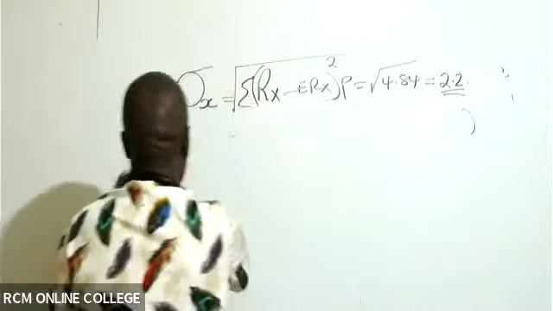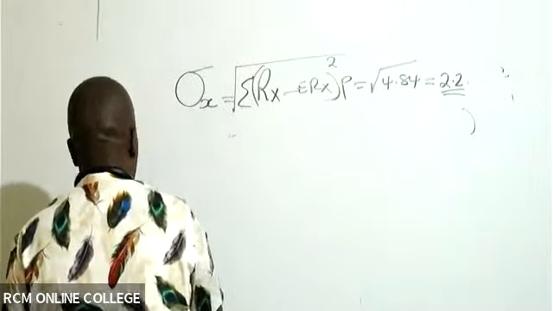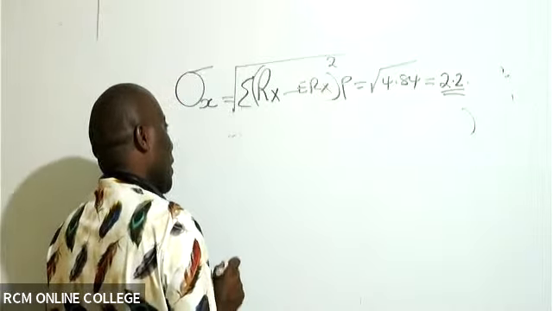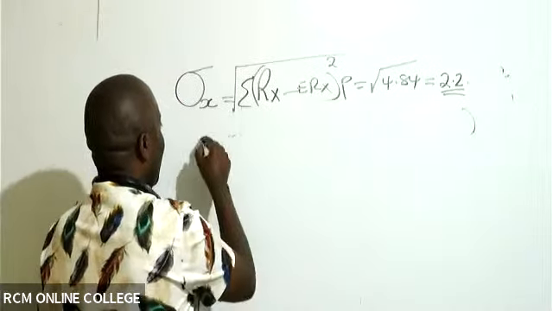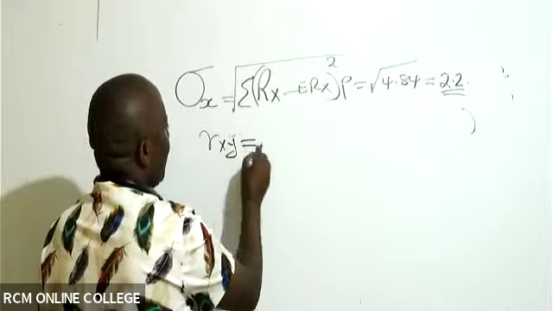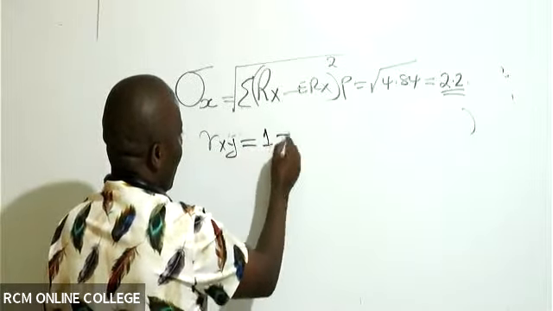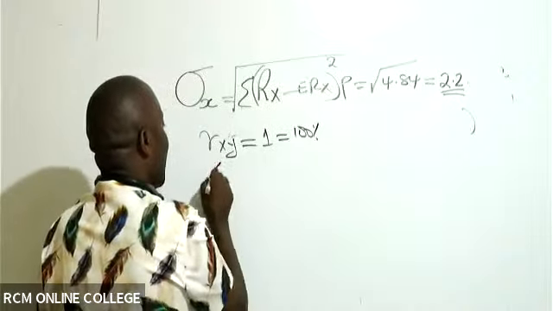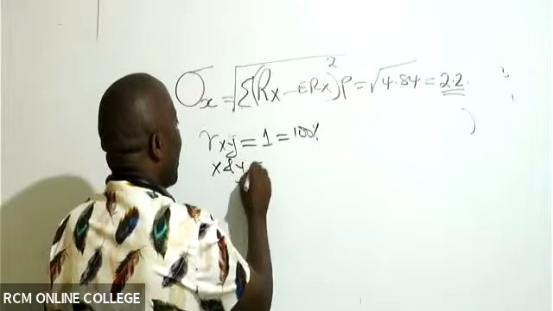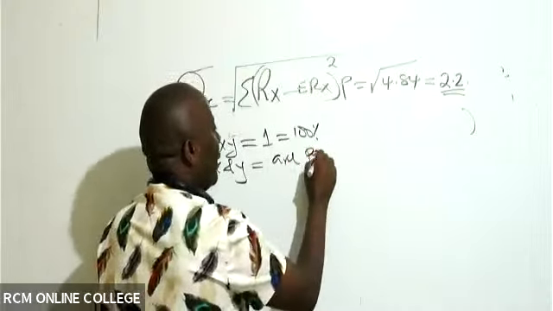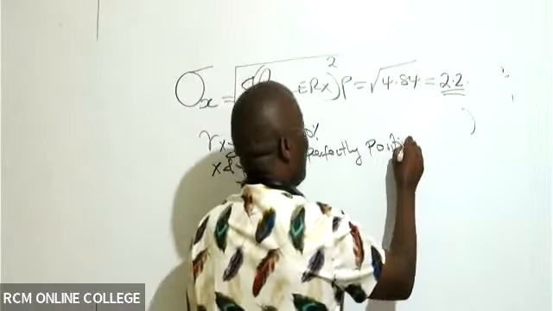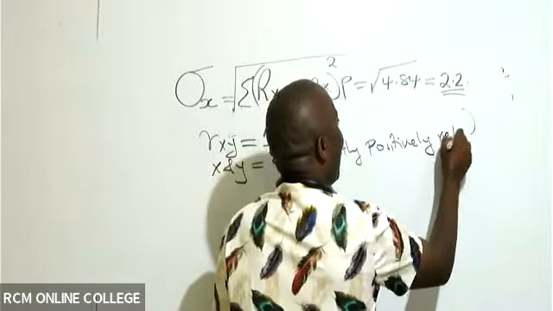So then, gentlemen, what would this really mean? This would mean that when r between x and y is exactly 1, this is 100%. It means that X and Y are perfectly, positively related.